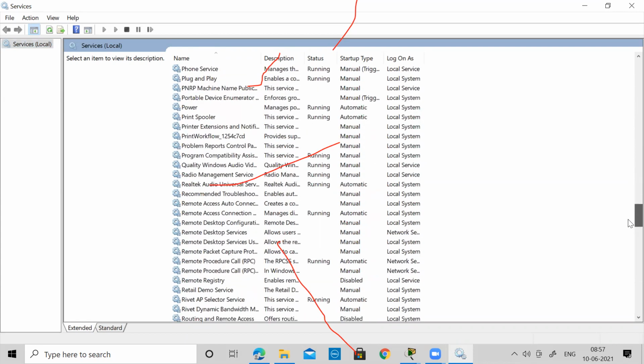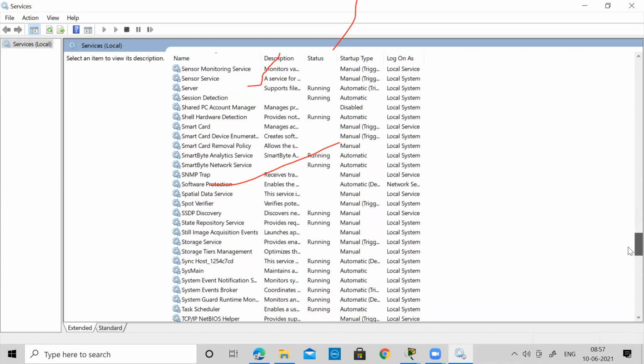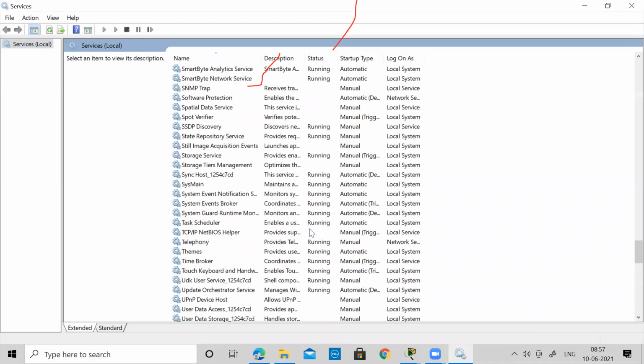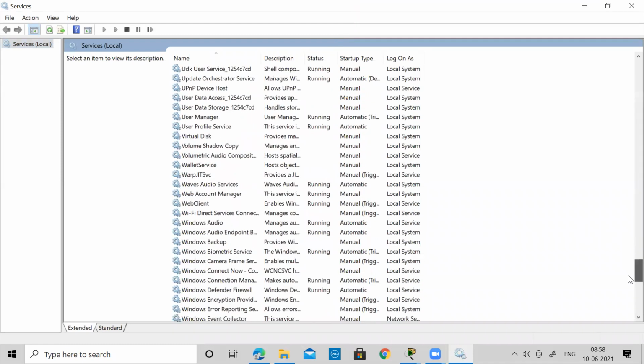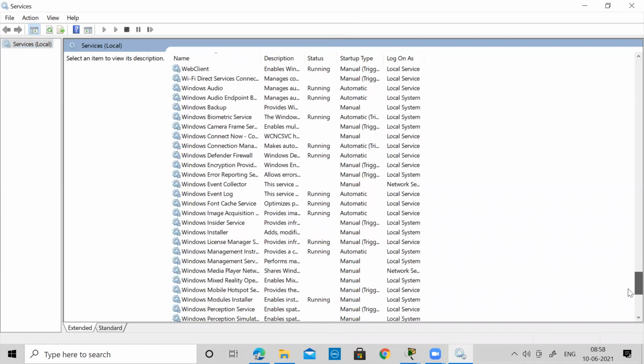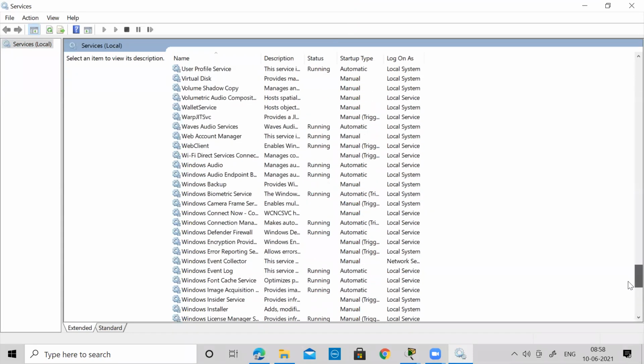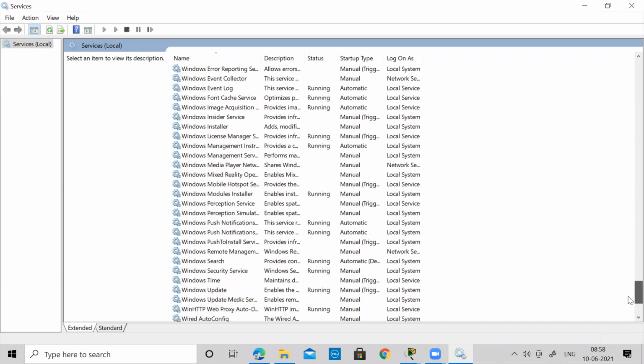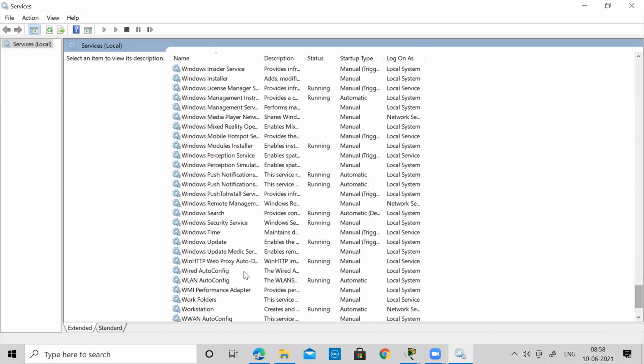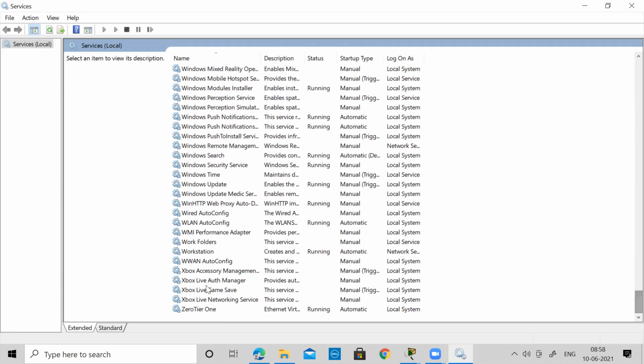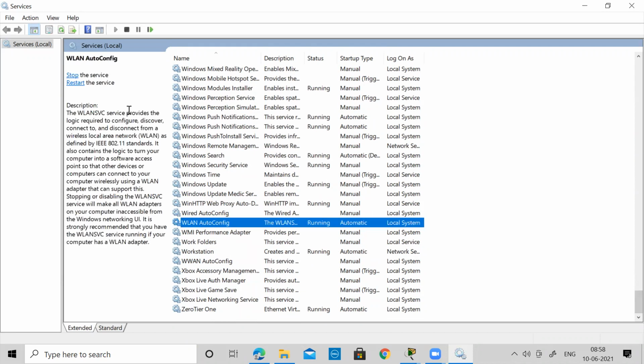So anytime you find some issue, you can get into the services, see which are in running mode, and restart them. If I have an issue related to my DNS server, my wireless configuration or my wired configuration, I just check that these are all running in the background.